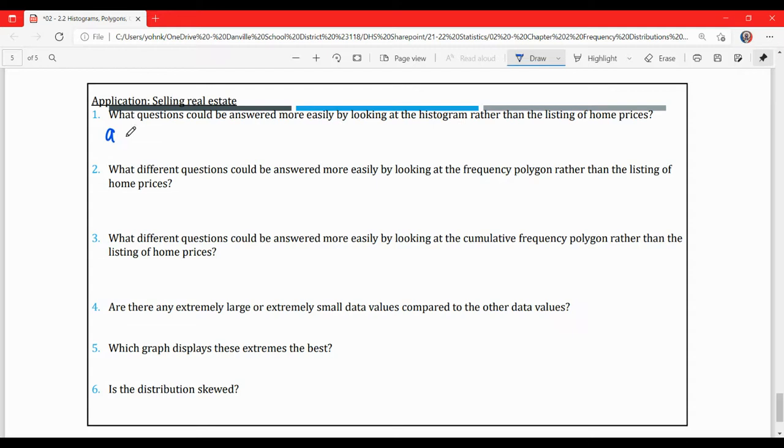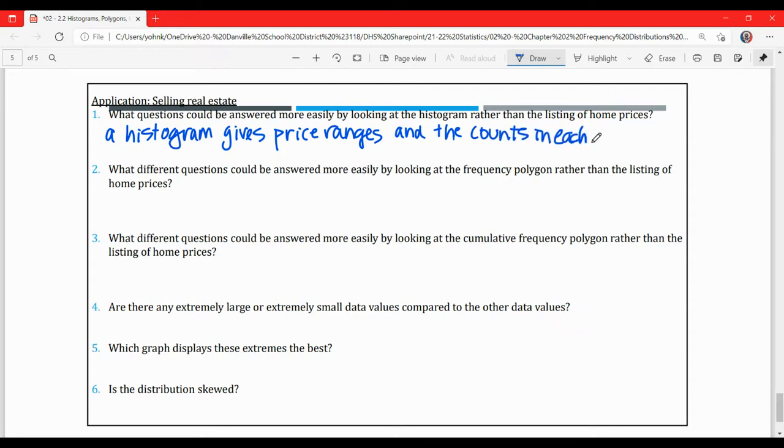So we can say a histogram gives price ranges and the counts in each. We can also look at how the data is distributed.